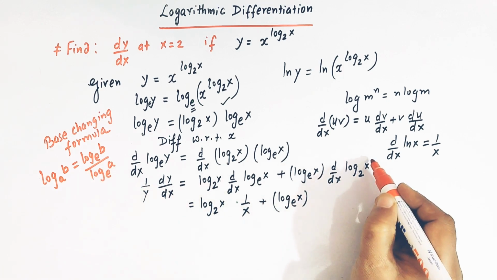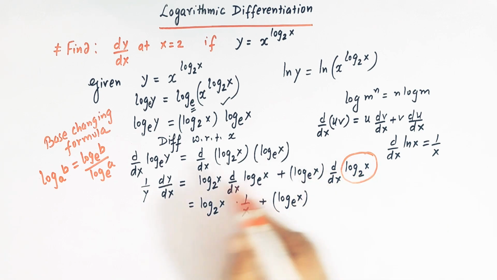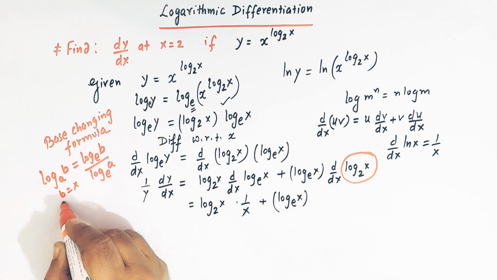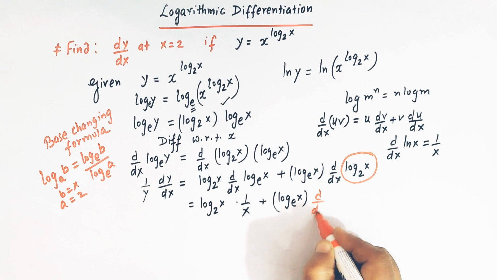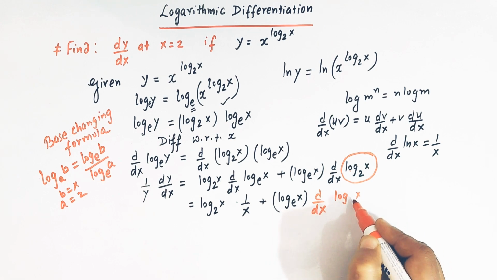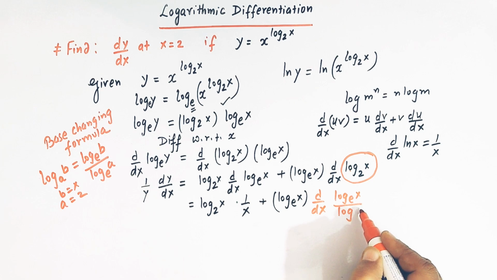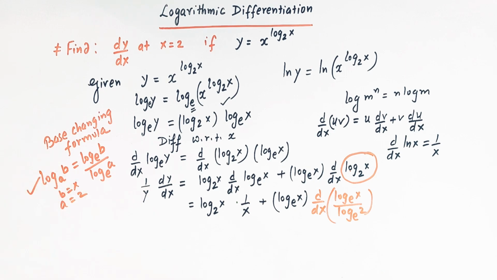Here we have log of x to the base 2, so b is x and a is equal to 2. So here we have d by dx, and we can write log x to the base 2 as log x to the base e divided by log of 2 to the base e, by virtue of this result.